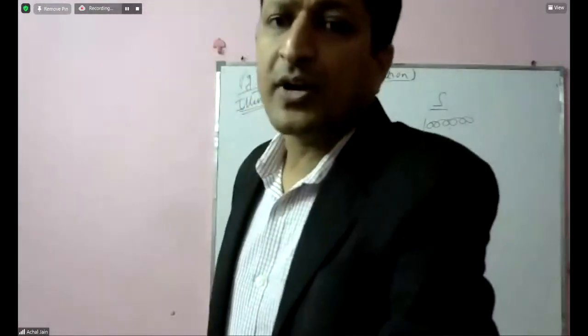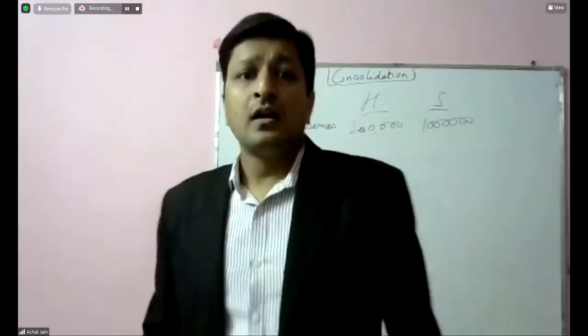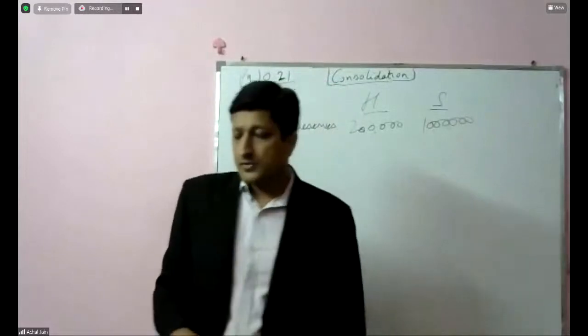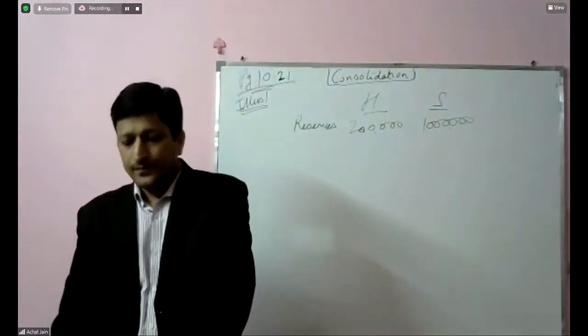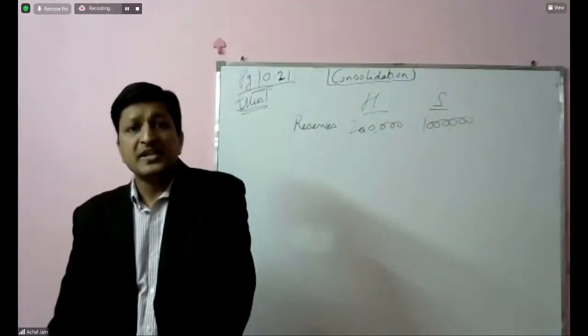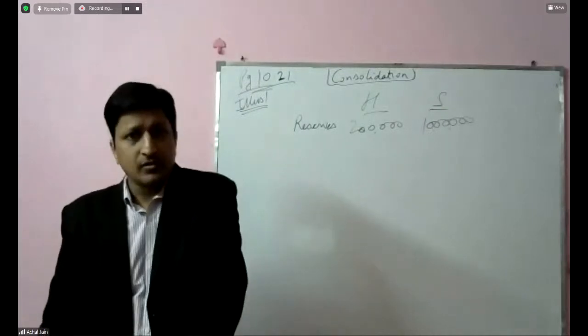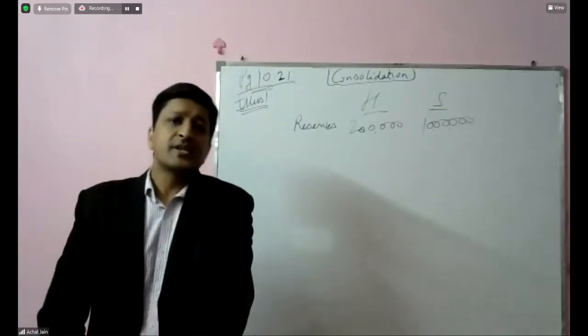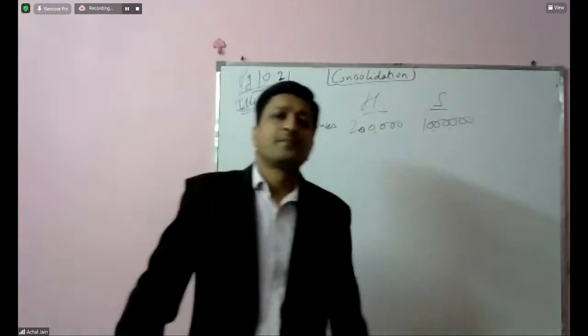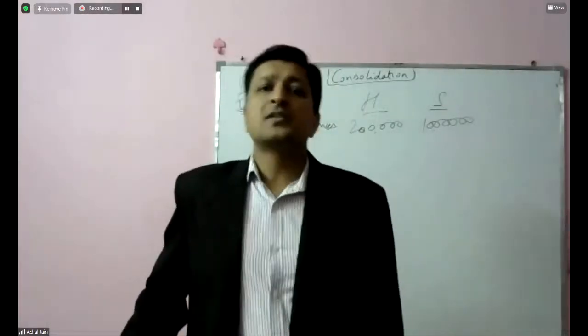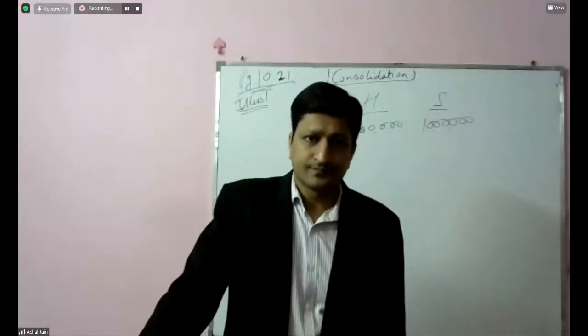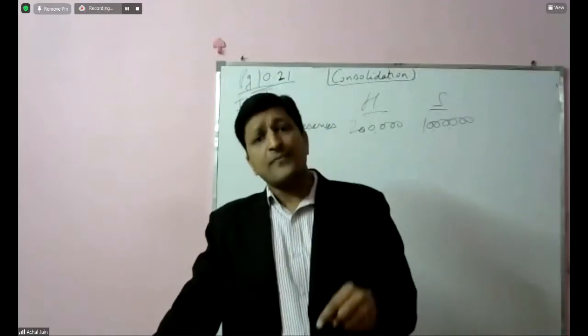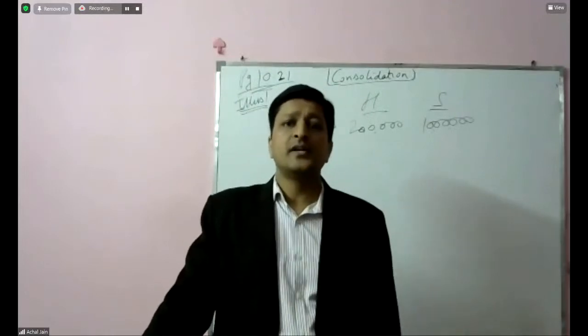All right, so let's look at these cases. Case 1, 2, 3, 4. So we have got 4 subsidiaries, Subsidiary A, B, C, D in 4 scenarios. In the first scenario, holding company holds 90% shares. The cost of acquisition was 1,40,000.